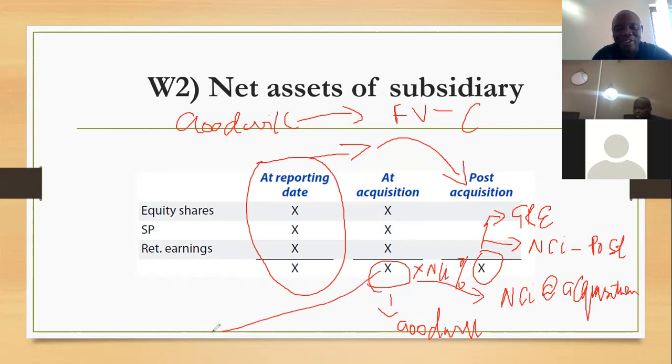This whole amount goes in and sits as your carrying amount. Remember what we are computing when we were computing goodwill, the 1,000 plus 480. That is the net assets that is going to sit here.